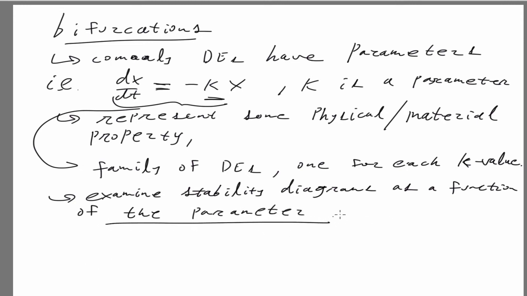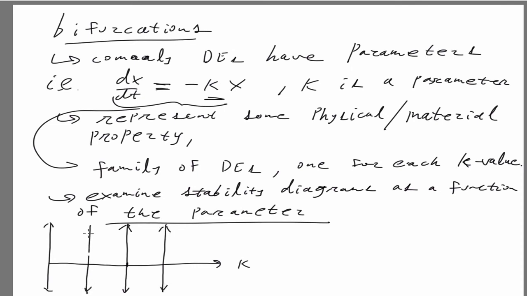Okay, so now I'm going to do this differential equation here. What I'm going to do is put my phase diagrams vertically, and on this axis I'm going to draw different values of k. I'm going to draw a bunch of stacked phase diagrams, represented vertically like this, one for each k value.